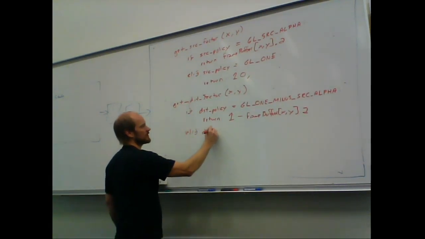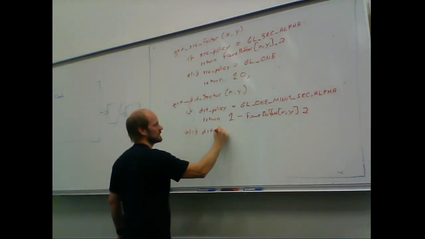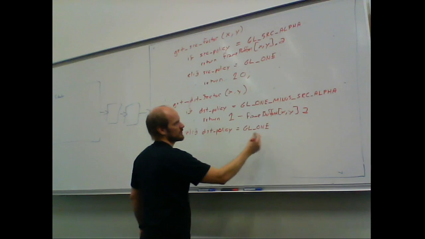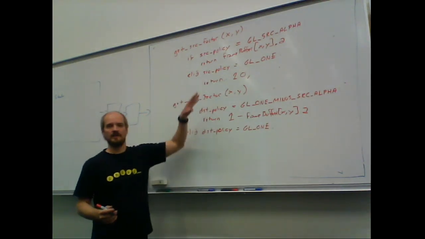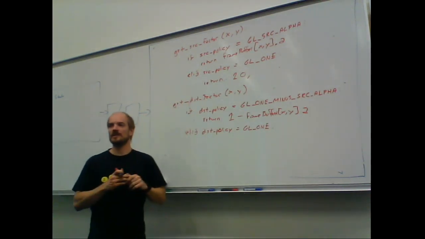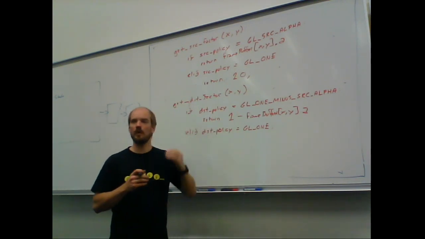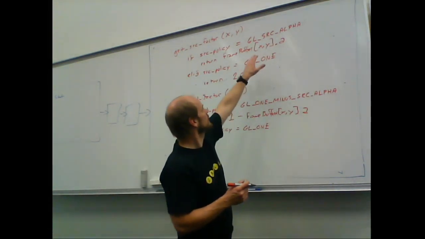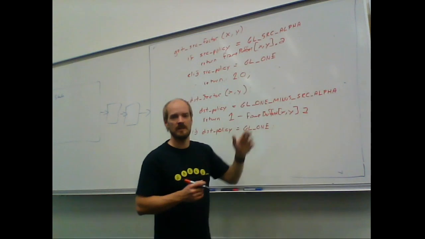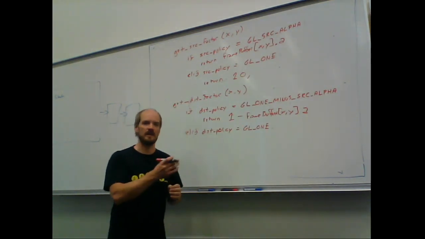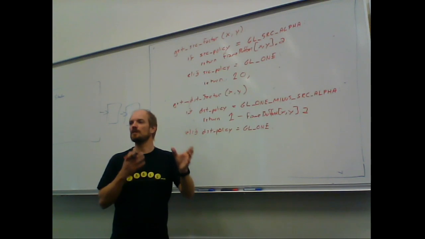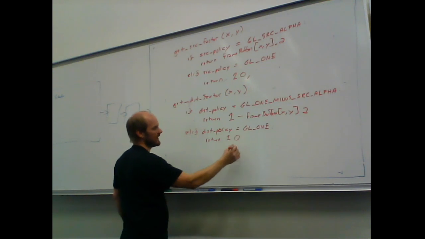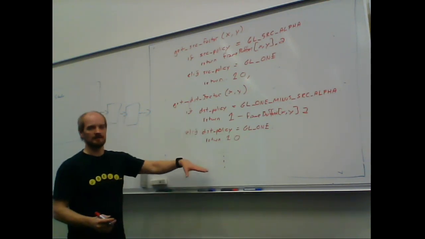Else if the destination policy equals GL1. So all of these different flags could be used as the blending policy for both the source and the destination. So I can, for instance, set both the source and the destination to GL source alpha. Then the actual alpha value of what we're putting in there will be multiplied with both of them. So again, return 1, and then on and on and on.